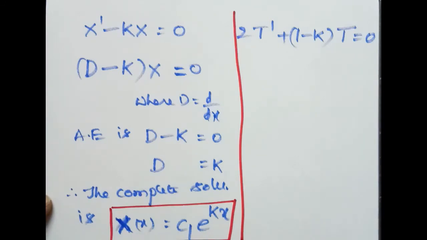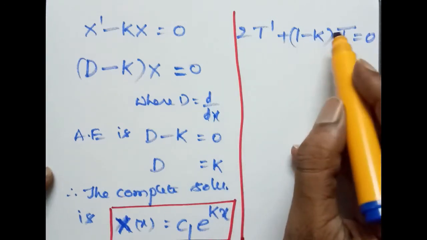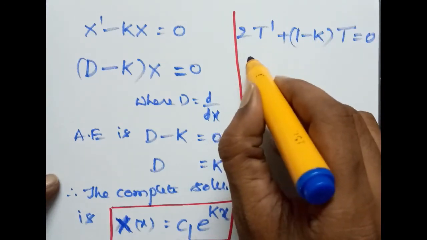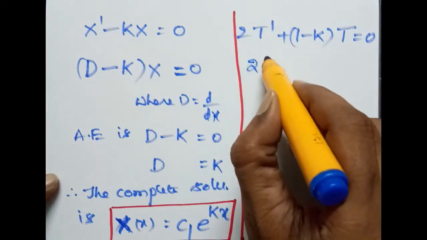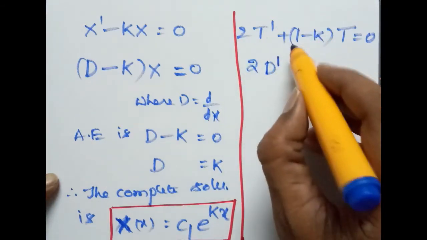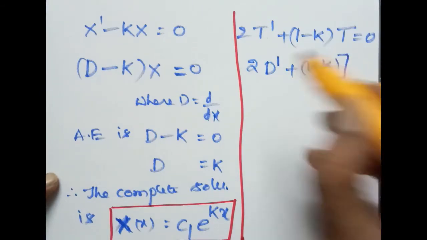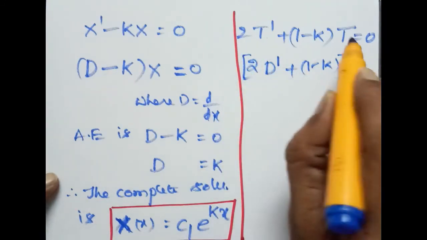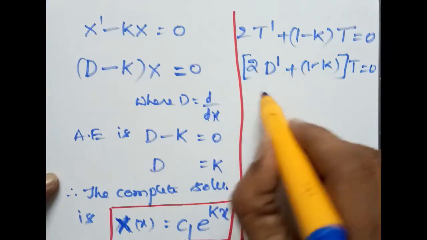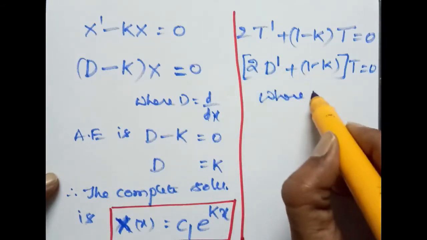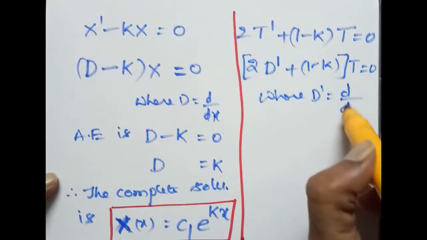Say this is equation number 5, since we already used 4 equations. Now solving another differential equation, 2T dash plus 1 minus k into T equal to 0. This can be written as 2 into D dash plus 1 minus k into capital T equal to 0, where capital D dash is equal to d by dt.